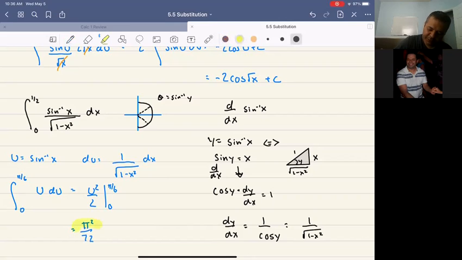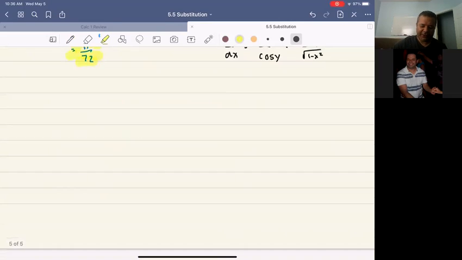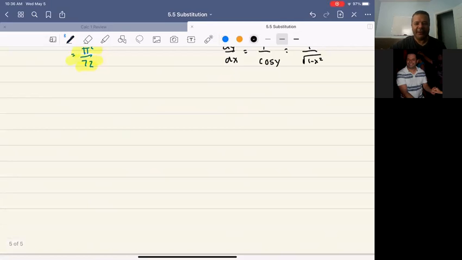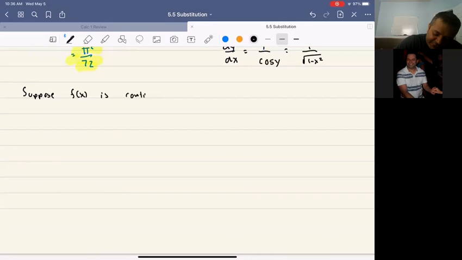All right, I think that's it for substitution. Nope, I've got one more problem for us. It's the problem in the book. It's kind of nice. Suppose f of x is continuous and the integral from 0 to 9 of f of x dx equals 4.